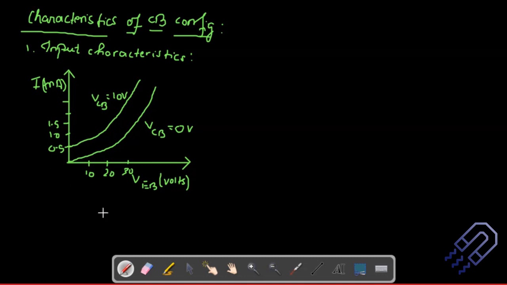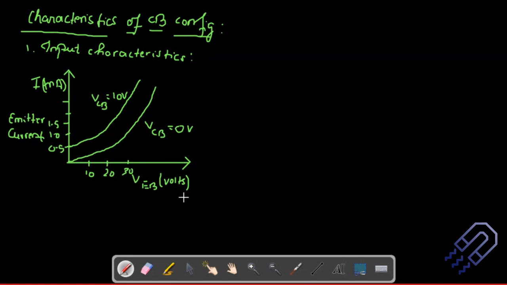So this is the emitter base voltage, and this side is the emitter current, IE. This is what the input characteristics should look like.